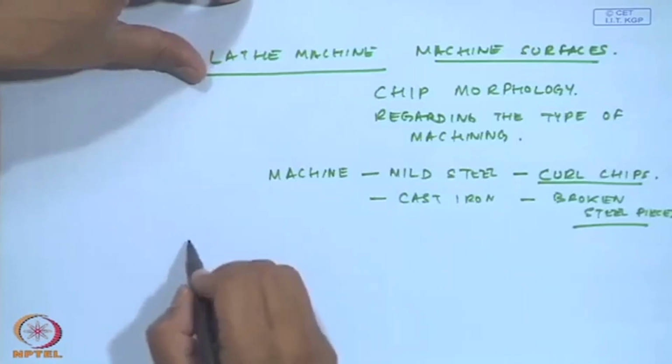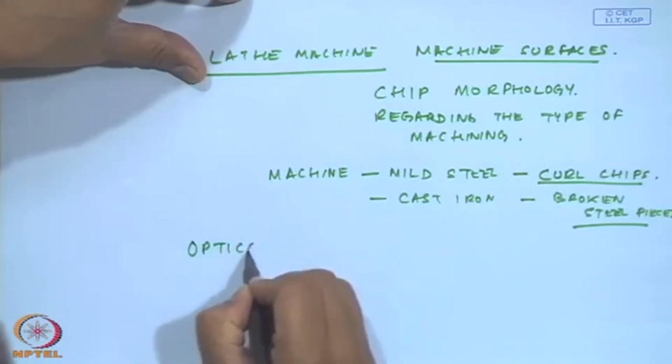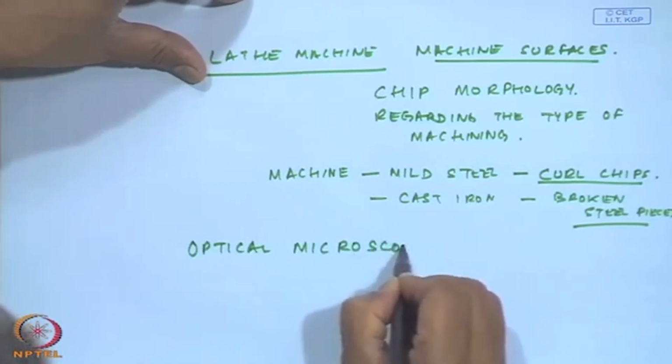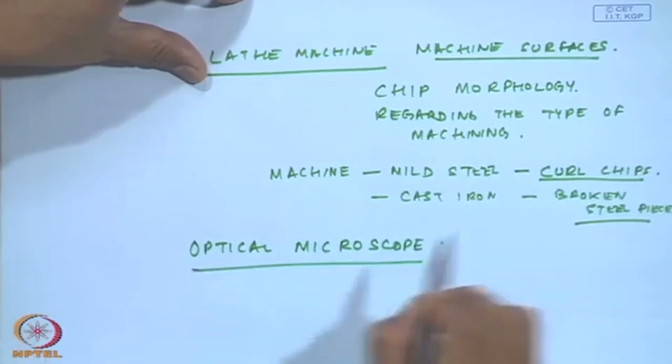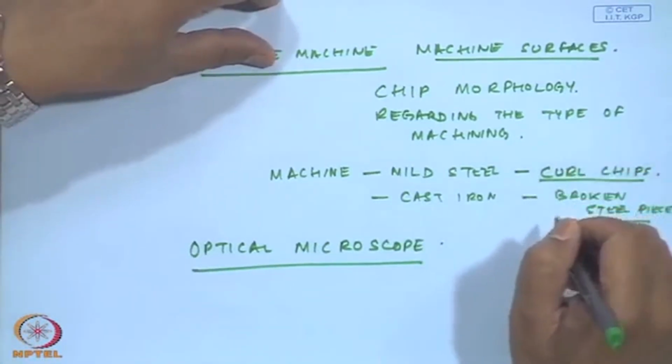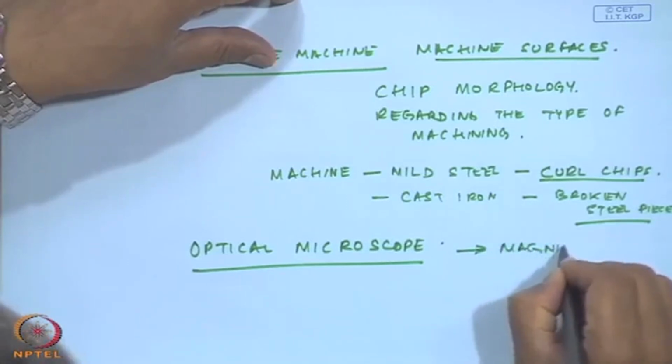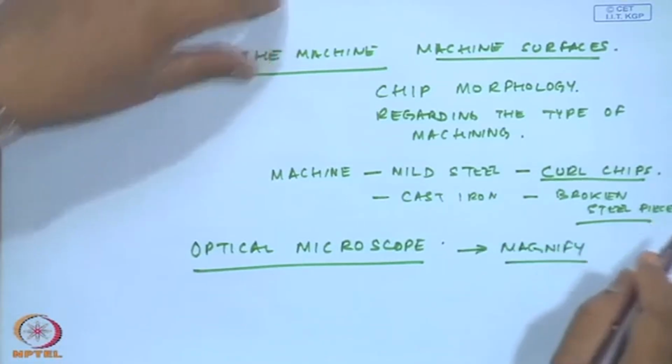So, depending on the morphology of these worn out particles, of course, we cannot see them with our naked eyes. So, we need to use an optical microscope to begin with. Okay. And then we have to magnify them to see them.